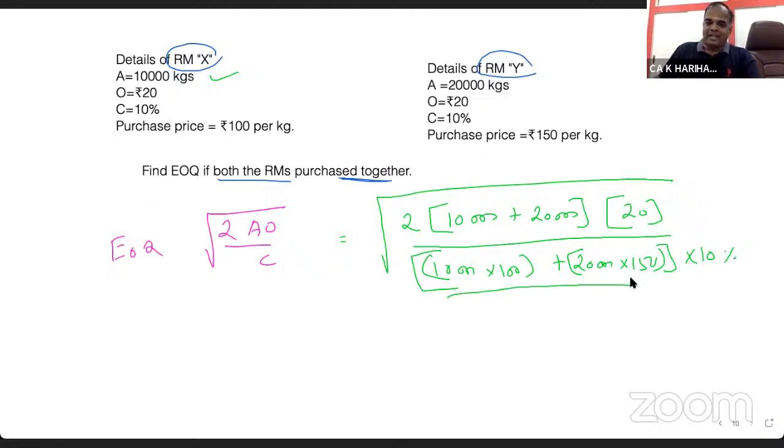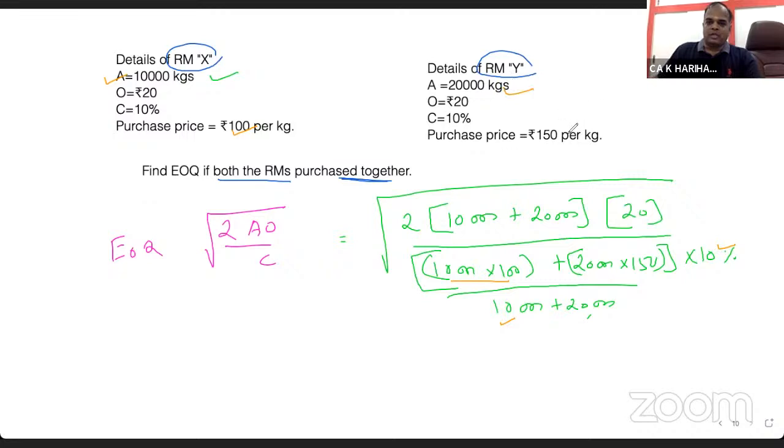We need carrying cost per unit per annum. Therefore, per unit cost means 10,000 quantity plus 20,000 quantity, a 30,000 quantities value. So I'll repeat once again. With respect to carrying cost, 10,000 quantity into 100, out of which 10%. Clear? We need per unit, therefore divided by 10,000.